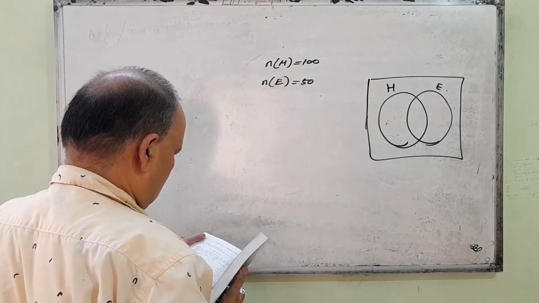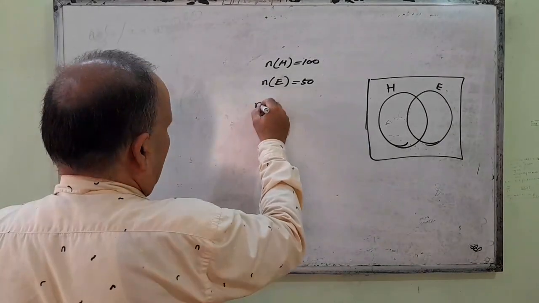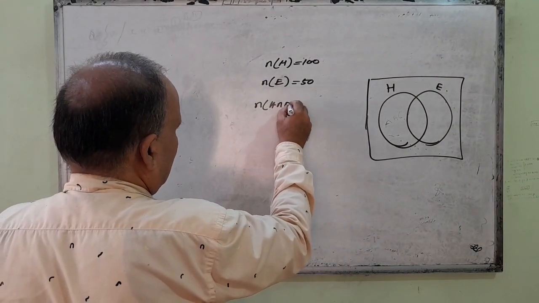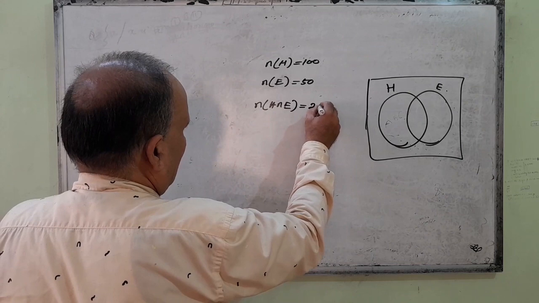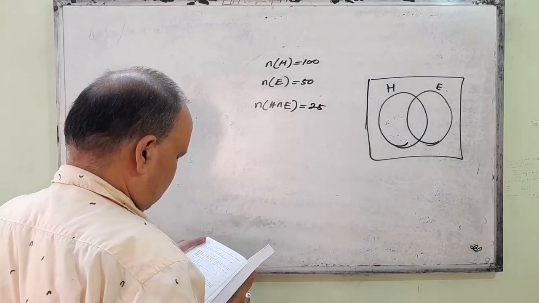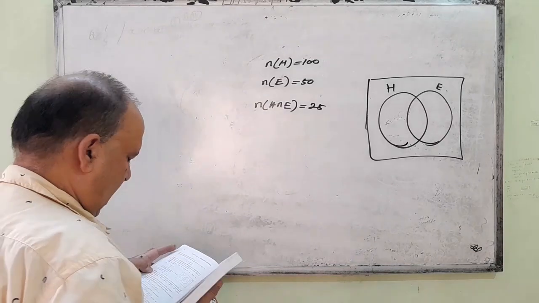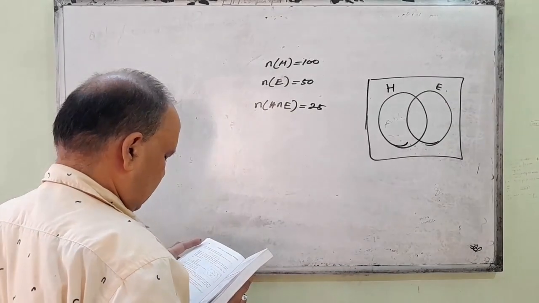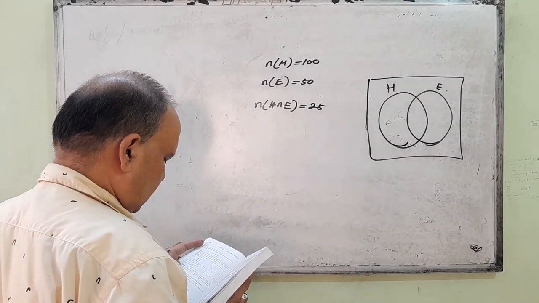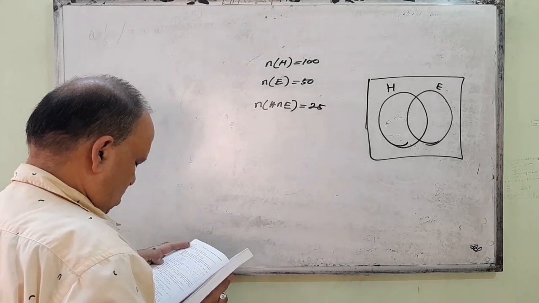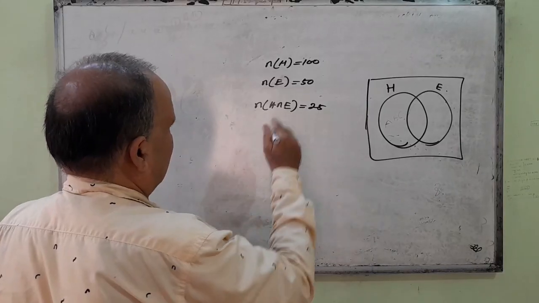25 know both. Order of H intersection E is equal to 25. Each of the students knows either Hindi or English. How many students are there in the group? So we have to find how many students are there in the group.